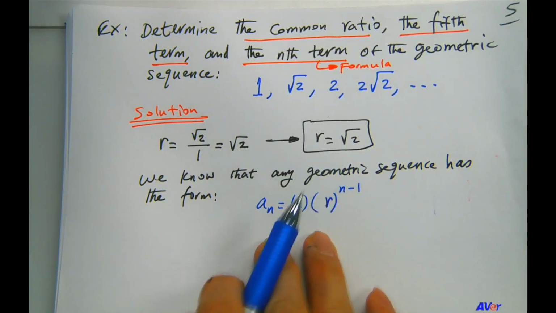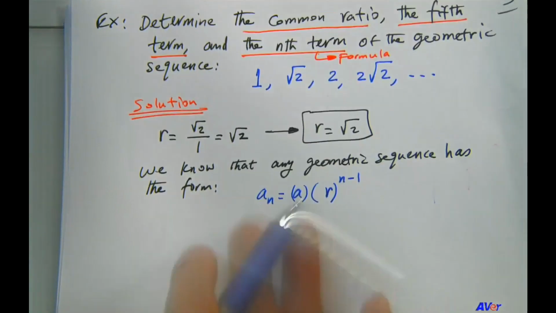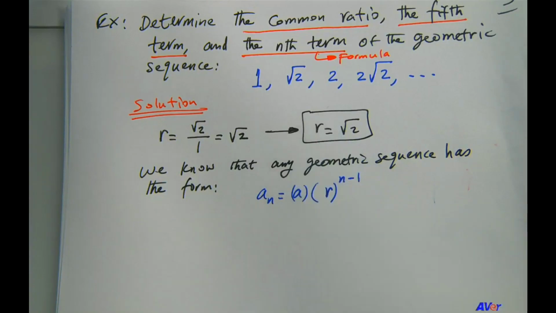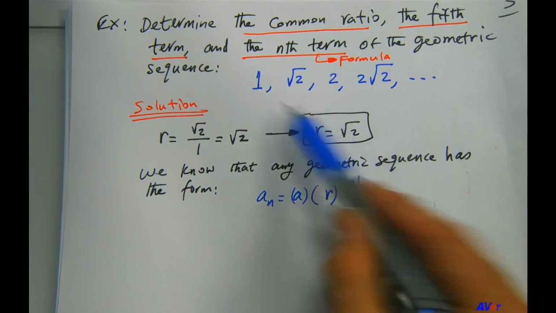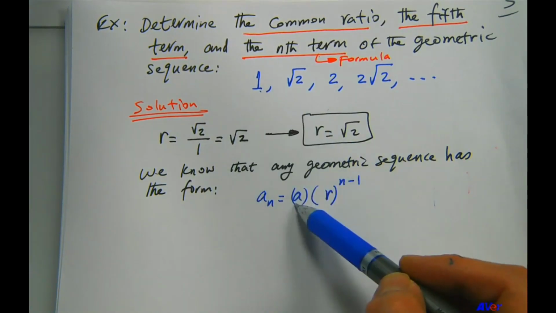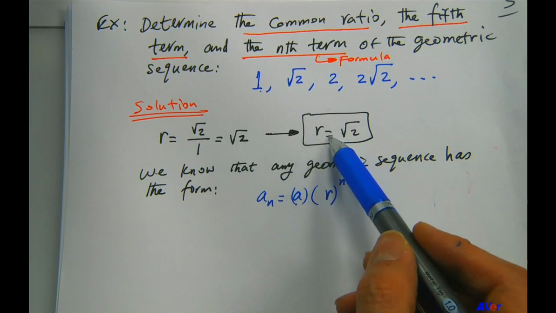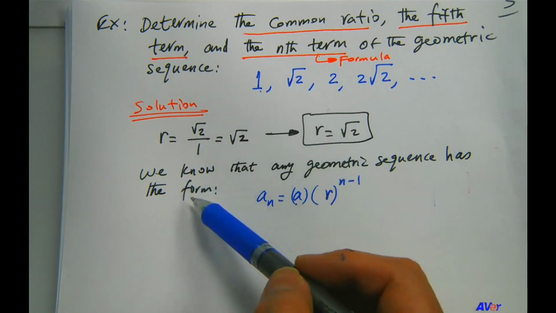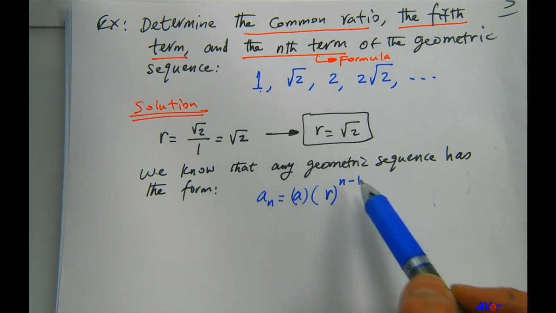This is for all geometric sequences. This is their nth term. But now we have to adjust it for this example. We know that the first term is 1. We just calculated the common ratio. And we know we're looking for the fifth term, so n would be 5, right?